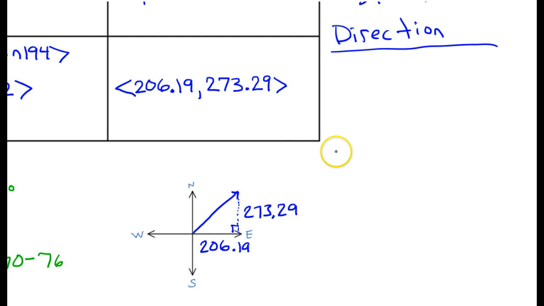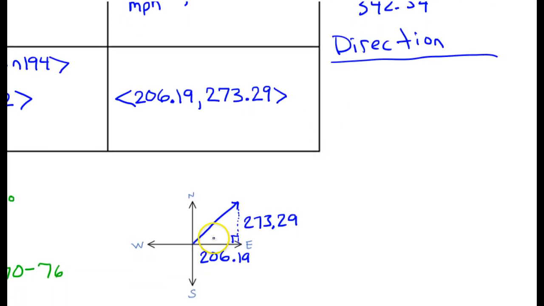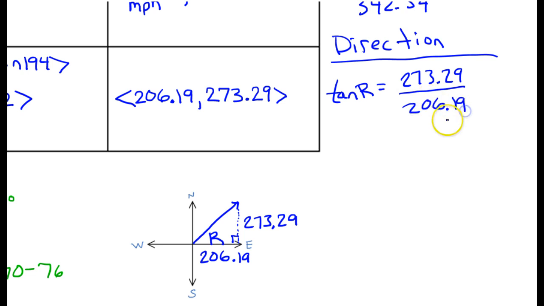So for the direction, we're definitely going to need this reference angle right here. And the way we can find that is by using tangent. Tangent of the reference angle is going to equal opposite over adjacent. So 273.29 over 206.19.